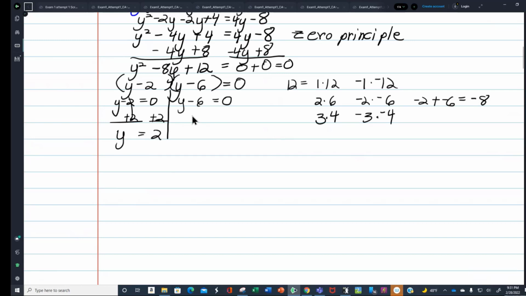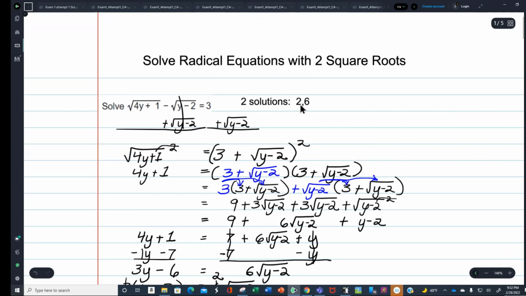And over on the right, add 6 to both sides. Y equals 6. So I have two proposed solutions here. And we know from already looking at the answers that these are both going to check.